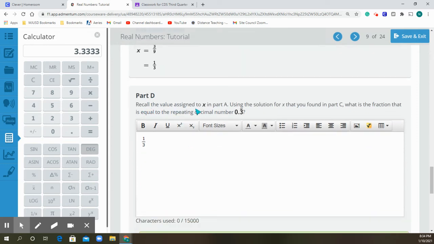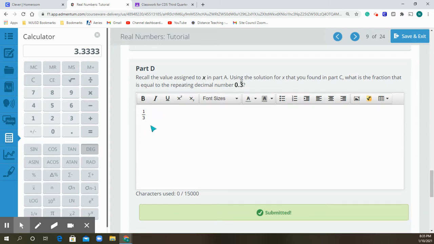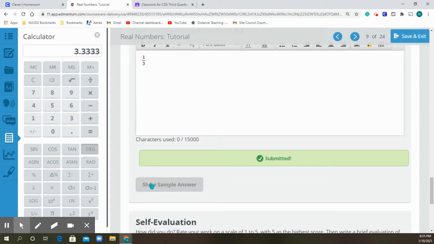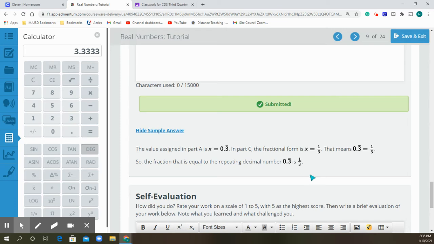So recall the value assigned to x in part A. Using the solution for x that you found in part C, what is the fraction that equals the repeating decimal 0.3 bar? So right there, 1/3. See, 1/3.